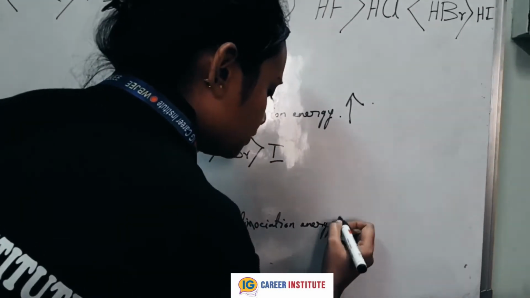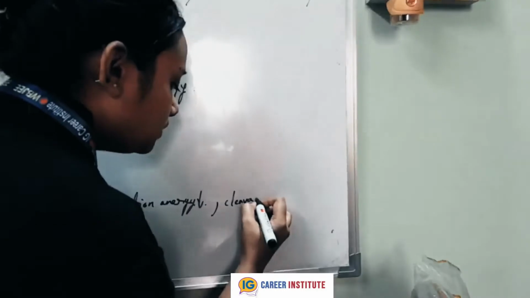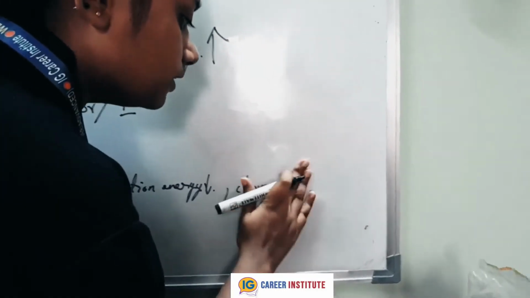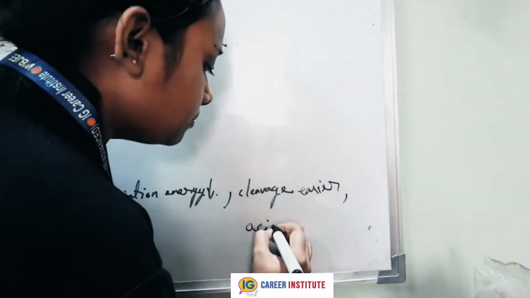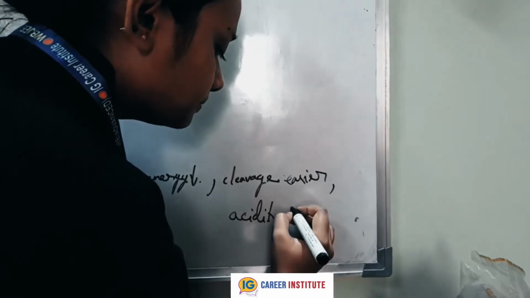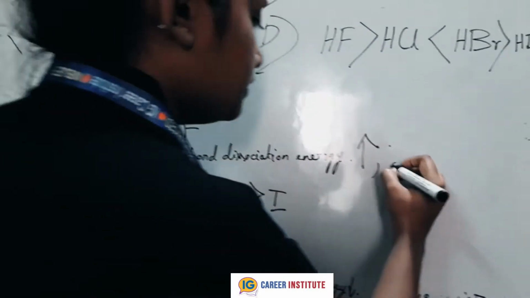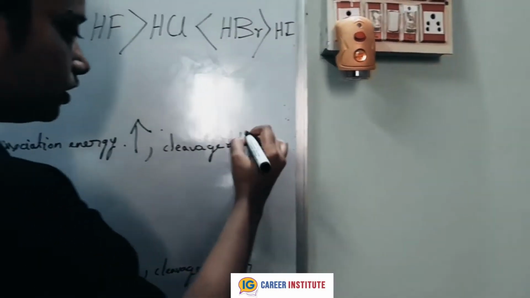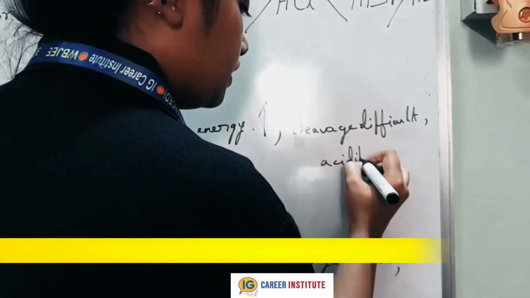Now, as the bond dissociation energy is less, the cleavage of HI will be easier, hence acidity will be higher. And in this case bond dissociation energy is higher, so cleavage will be difficult, and hence acidity lower.